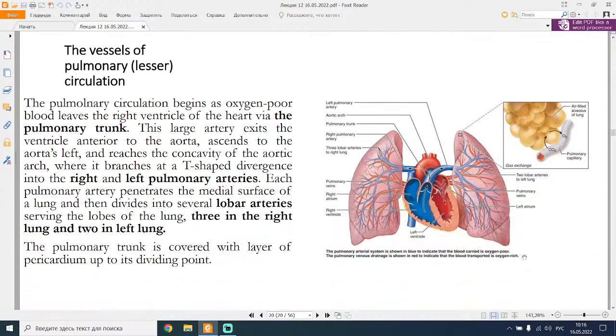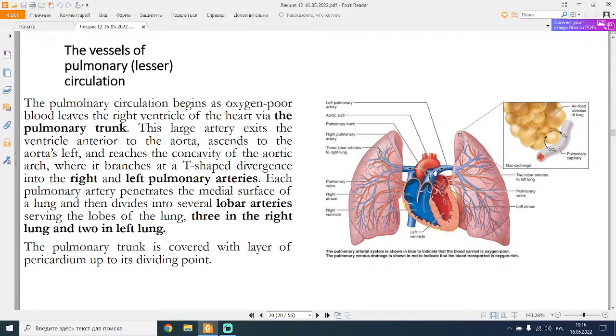Next question, the vessels of the pulmonary or lesser circulation. The pulmonary circulation begins as oxygen-poor blood leaves the right ventricle of the heart via the pulmonary trunk.